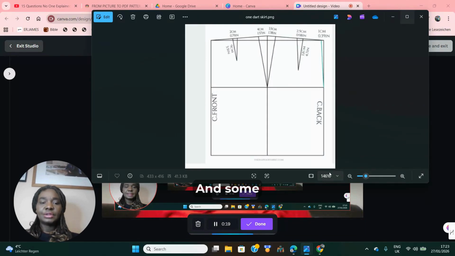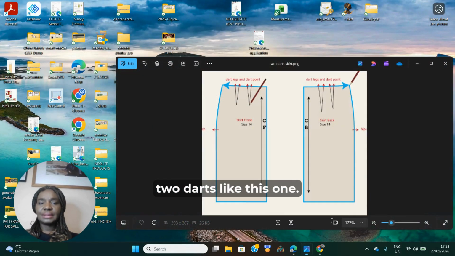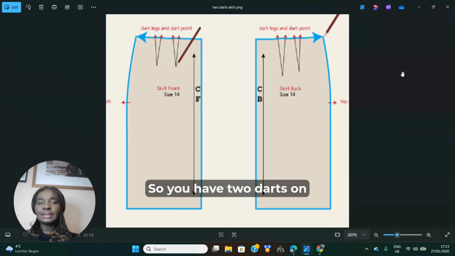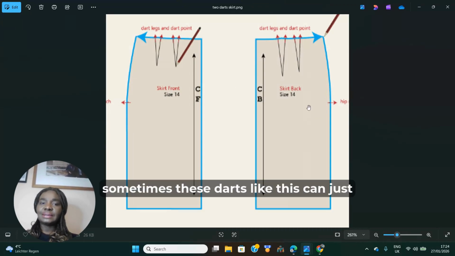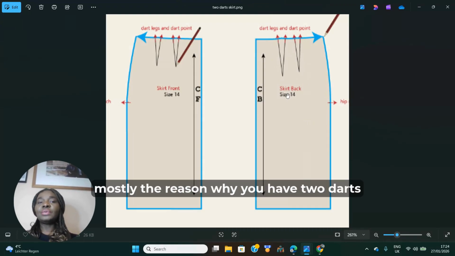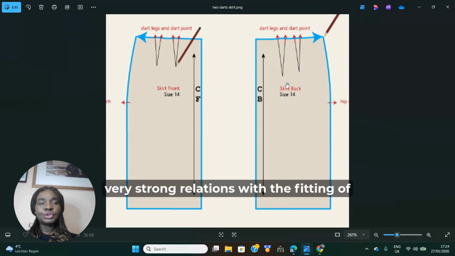And some patterns come with two darts like this one, so you have two darts on one side of your waist and another two darts on the other side. Now, sometimes these darts can just be a pattern style, but mostly, the reason why you have two darts has very, very strong relations with the fitting of the skirt.